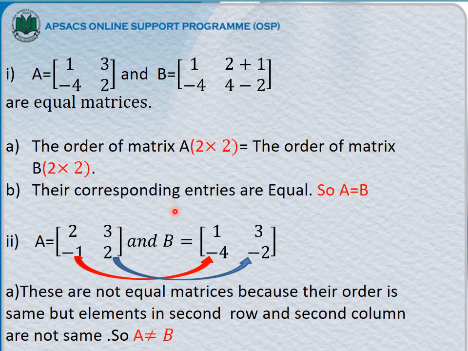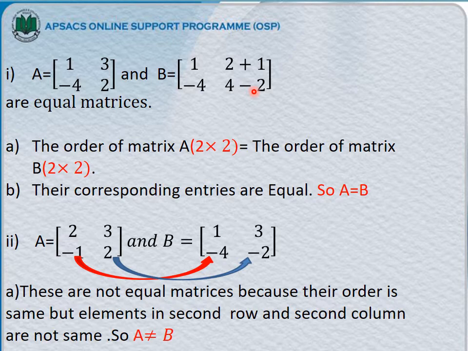Now I will explain with this example. Again, we have to satisfy both conditions. These are two matrices. First of all, check their order. The order of this matrix is 2 by 2, because 2 rows and 2 columns. Same for the other, 2 by 2. It means the first condition is satisfied.